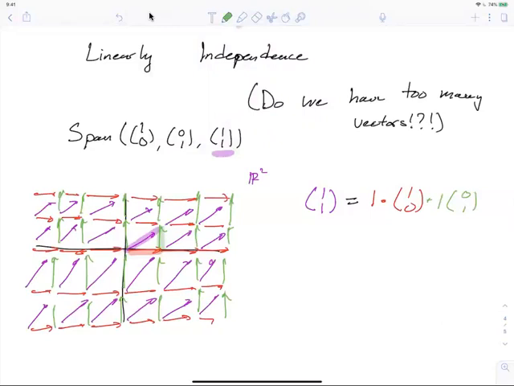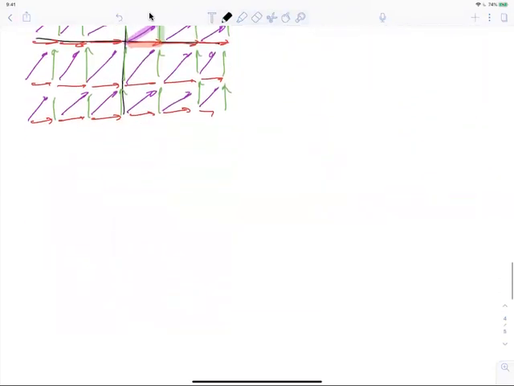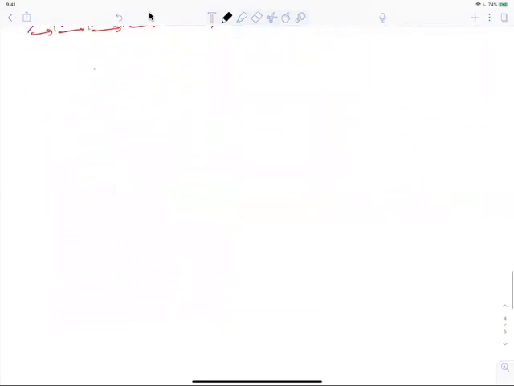So this brings us to the concept of linear independence, right? Your span is nicely described if all of those vectors are linearly independent. And you're linearly independent if no vector can be written as a combination of the others.